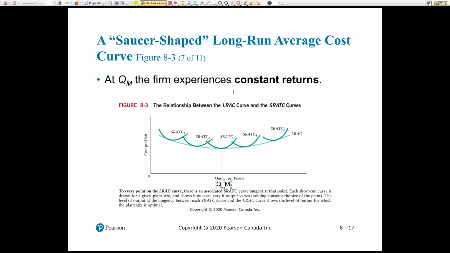So it means if the firm increases its output, the cost per unit stays constant.